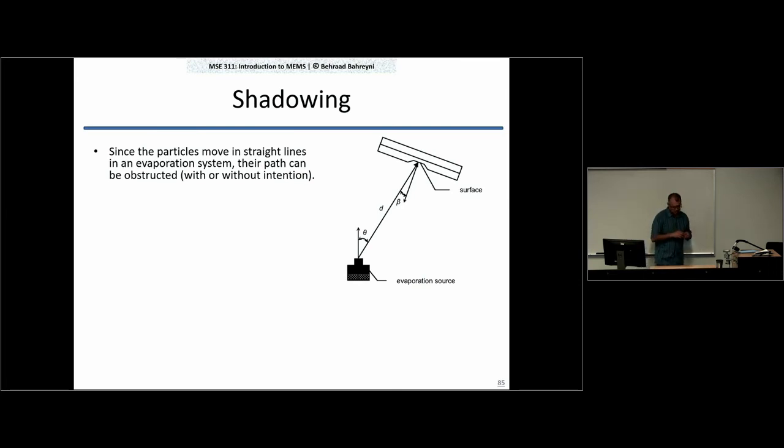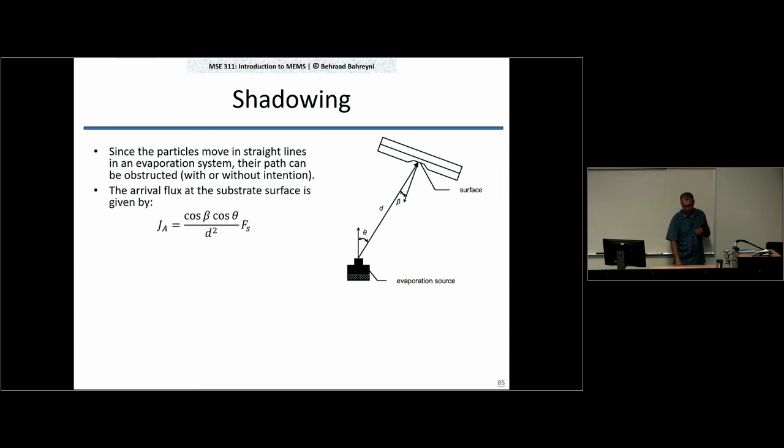If you have a source and you put your wafer at a known distance from your source, and there is a bit of a tilt to your wafer, then you are going to have, first of all, shadowing, and secondly, if you deposit at an angle, you're going to have a different thickness of the film on your wafer compared to when you put it straight in front of the beam of material.